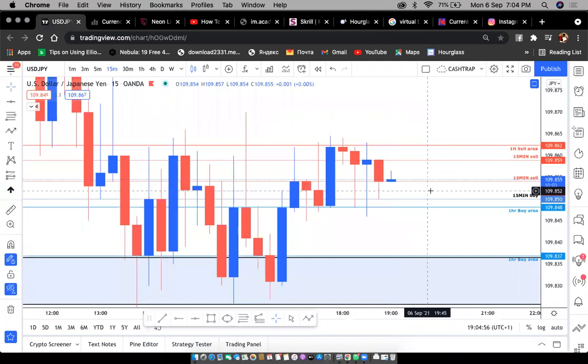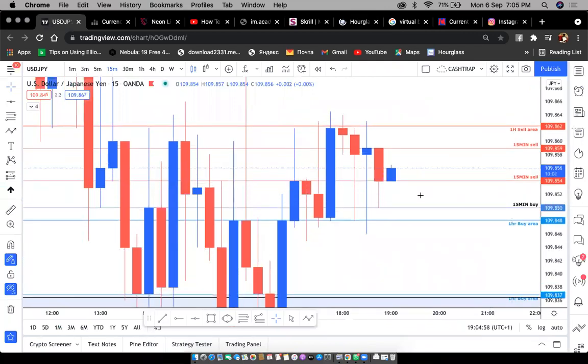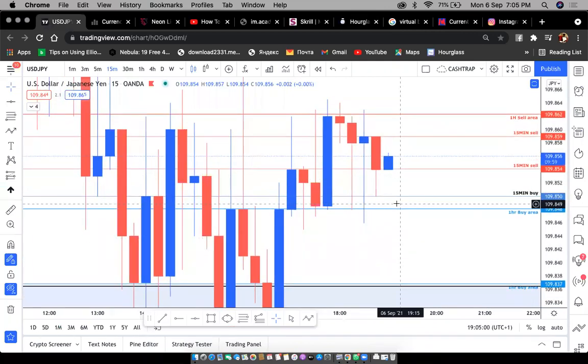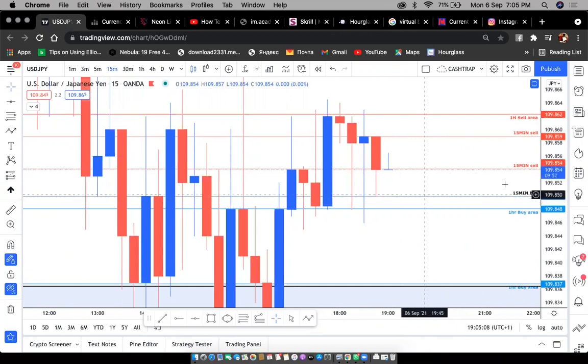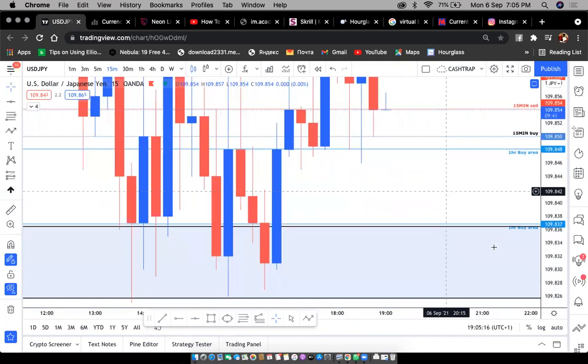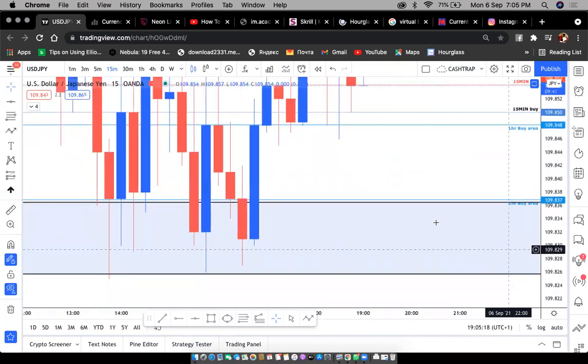Where are you looking for a call? You want to take a call order where any of these your structures that you have placed here. You have 850 as a structure, which is this one right now. We have this 854 where price is at currently right now as a structure. You also have 837 as a structure.